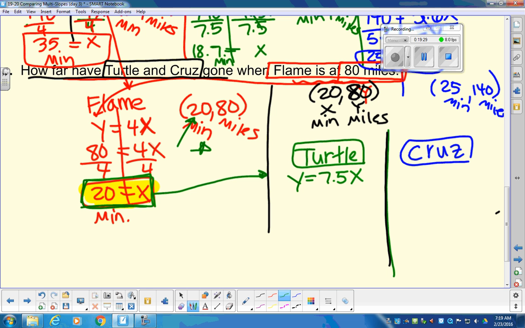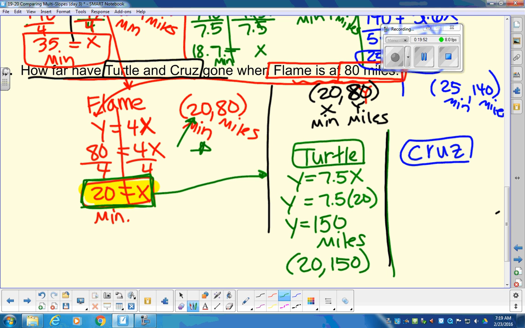So we're going to substitute 20 minutes in for x, because we want to know where Turtle is at 20 minutes. We have 7.5 multiplied by 20 minutes, and we would find out that Turtle is at 150 miles. So that means at 20 minutes, 150 miles.